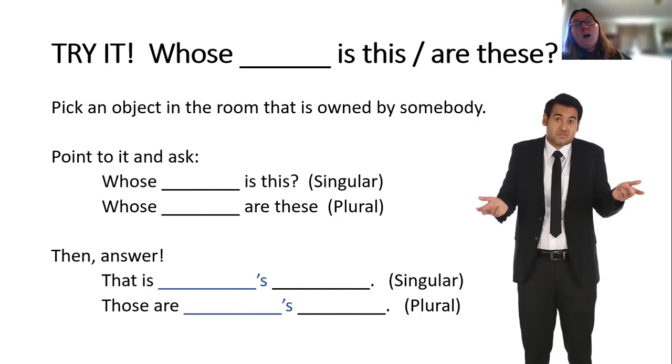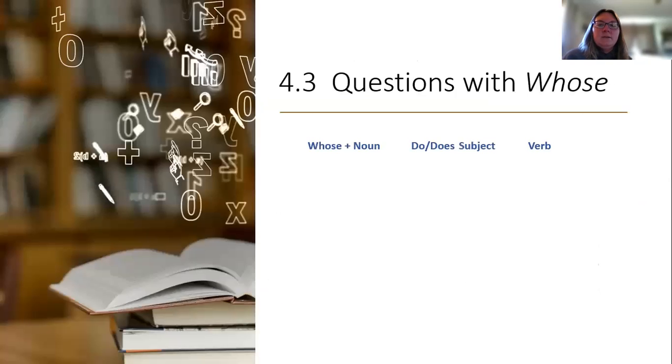And then we can all answer together, oh, that's Kristen's coffee mug. Those are Muhammad's books, right? All right, so we'll try that as a warm-up when we come back on Wednesday. But until then, let's slide back to 4.3 with more questions about whose.